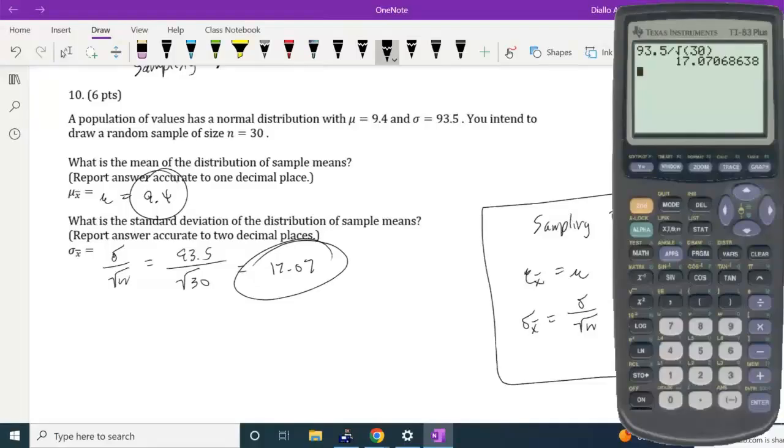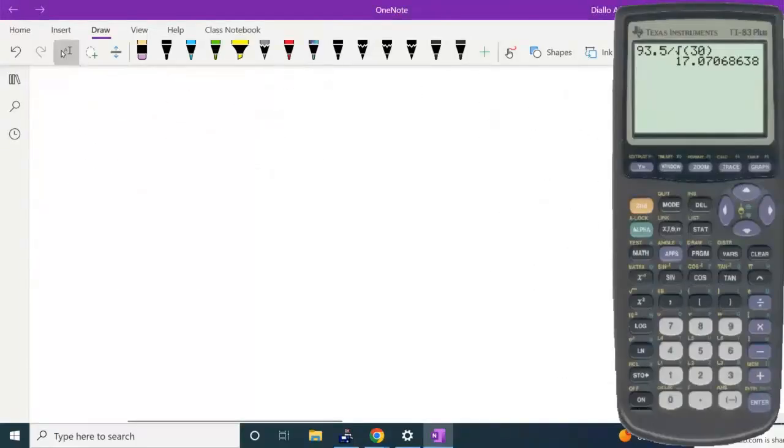So if you look at that answer key, number 10, the mean is going to be 9.4, but for the standard deviation, just remember, since it's a sampling distribution, you must divide the standard deviation by the square root of the sample size. All right, that was problem number 10.